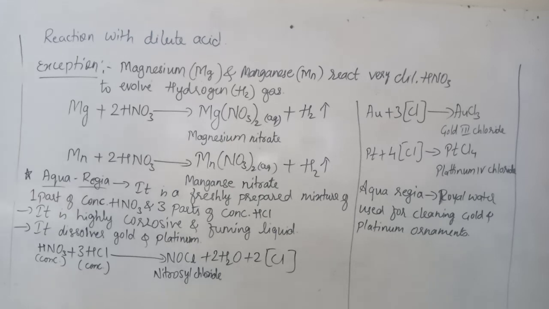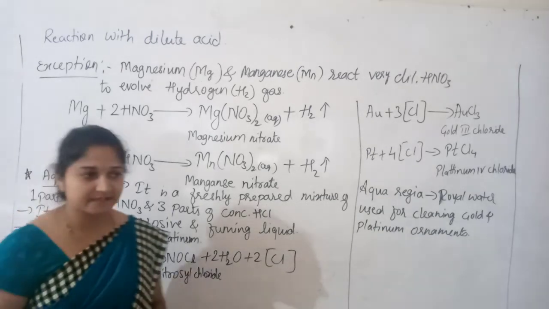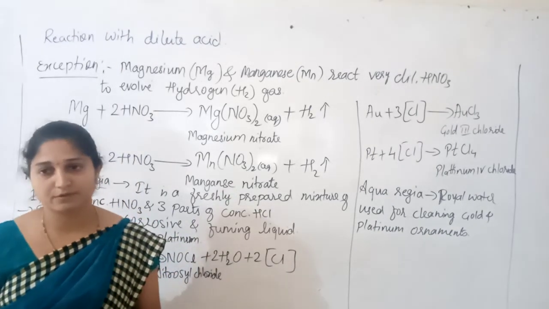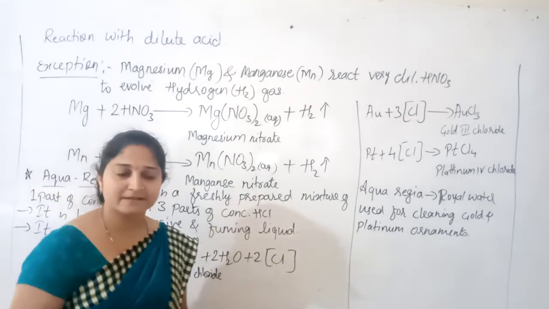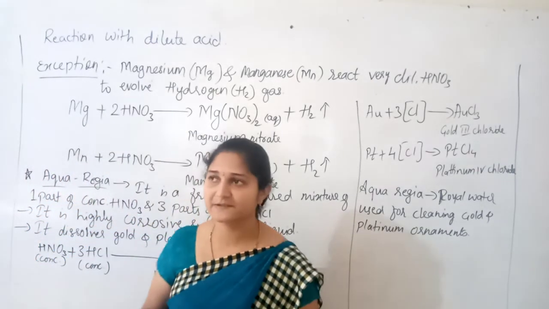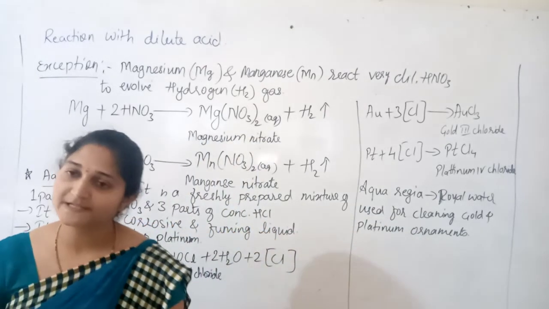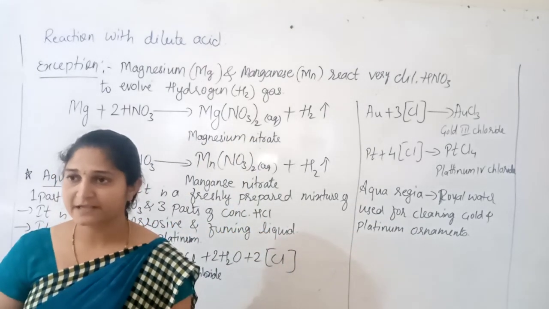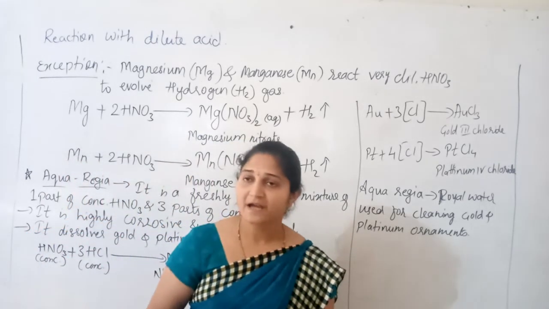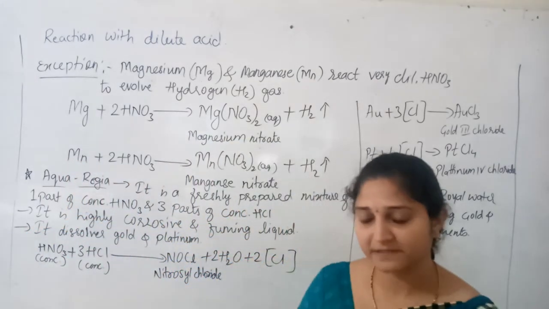Okay, so that covers the reaction of metals with dilute acids. Then some reactions happen when metals react with a salt solution. With some metal salt solutions, one metal displaces another, and we get one metal and another metal sulfate or other metal salt.